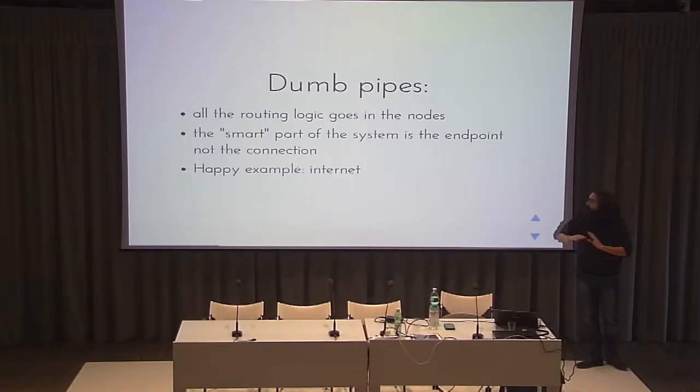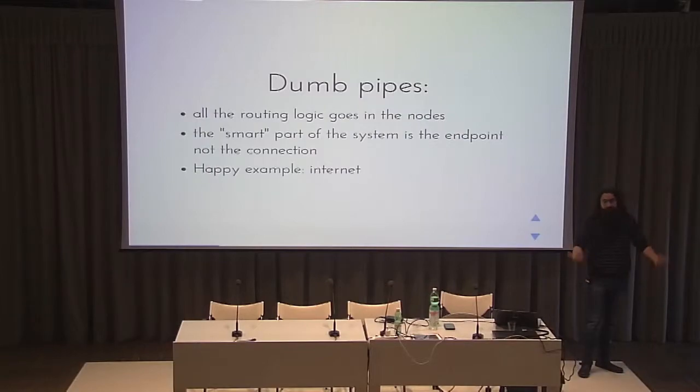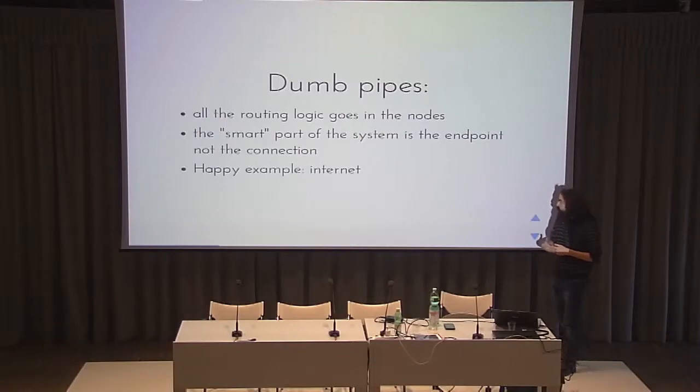No. The network itself needs to be as dumb as possible. Communication should be simple. A microservice decides that it needs to talk with somebody, and it decides who to talk to, and what to say, and so on. And the happy example here, the proof of concept that works, is the Internet.